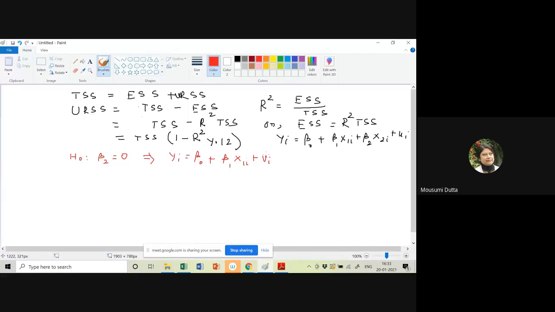We have only one explanatory variable here, and here we can write RSS, which is RRSS basically, is equal to TSS times 1 minus the simple correlation between y and x1.